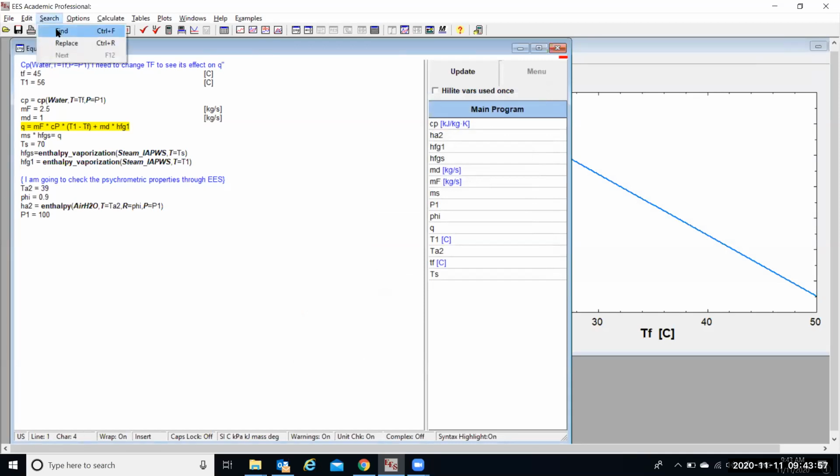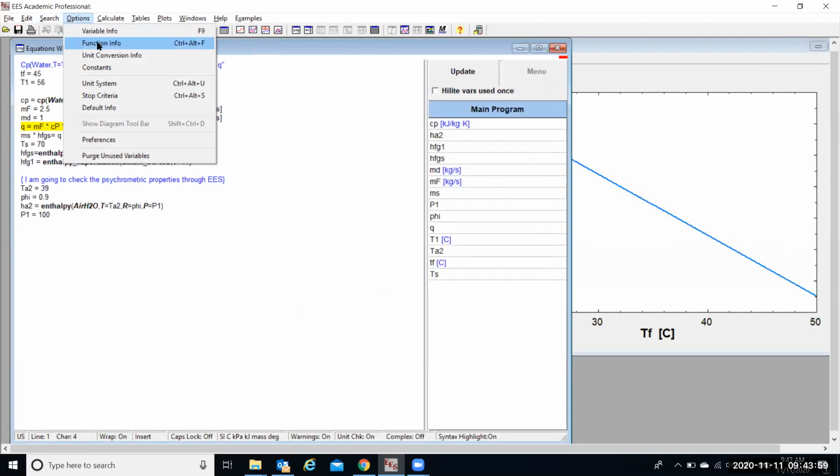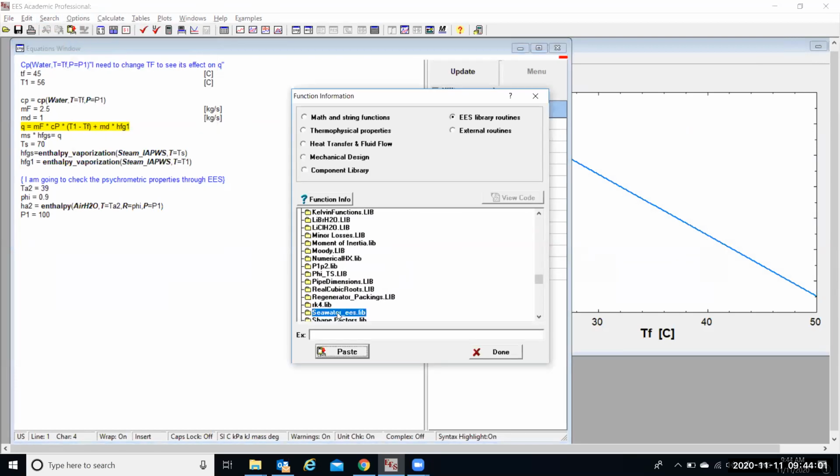What did I do here? I was looking for functions here for the seawater properties. Let's open the seawater properties. And for example, if I'm looking for the seawater specific heat, yes, here it is. It's a function of temperature, salinity, and pressure.